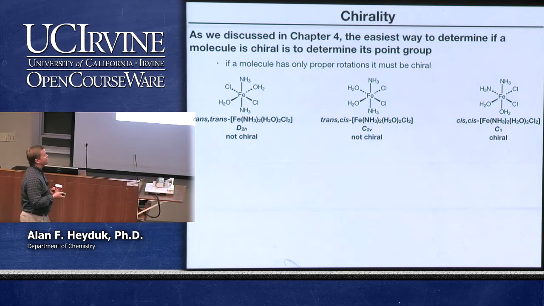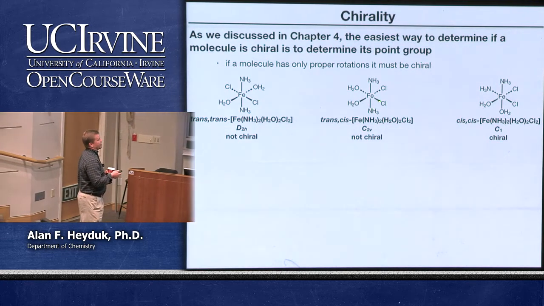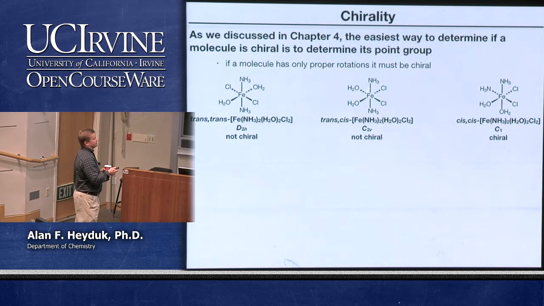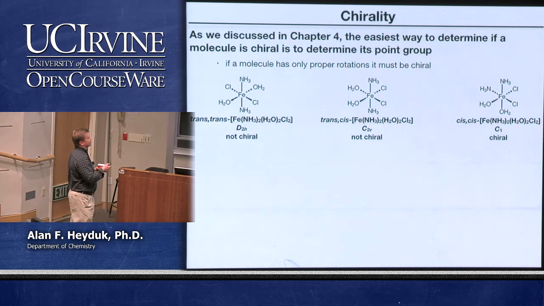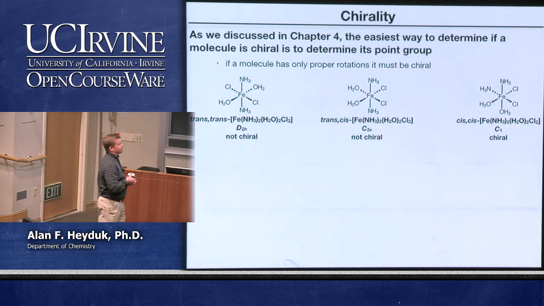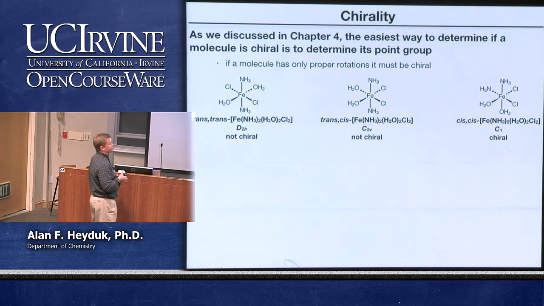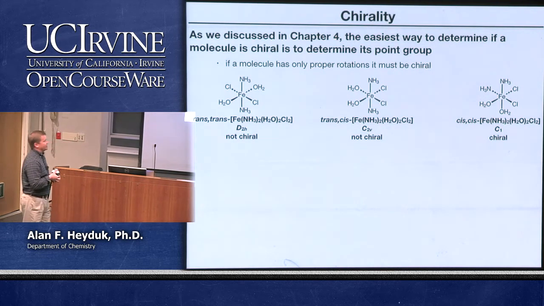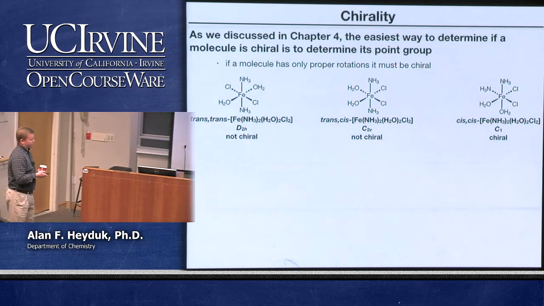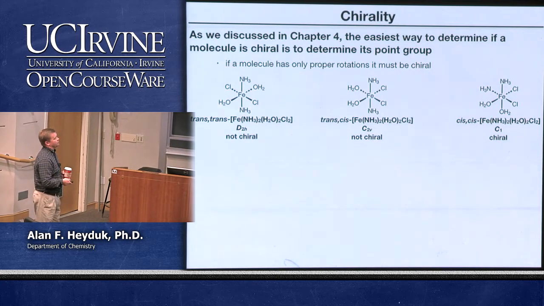Okay, so we have two isomers with essentially the same connectivity, right? Each ligand is bonded to iron. That doesn't change across the series of three complexes. Just their relative orientation in space when they form their bond to the iron is the only thing changing. So we get two non-chiral versions and one chiral version.